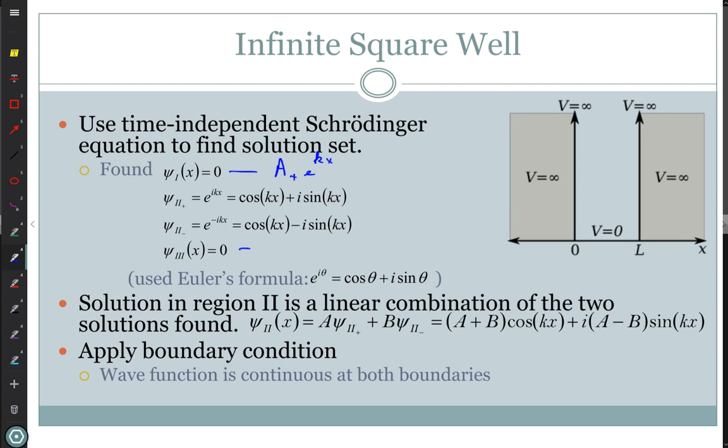The K's are different in the center region than they are in the two outer regions because your potential energy is different. And so the K's I have there are not the same as the K's in the center region. And because these are actually going to be zeroed out, I'm putting K prime for the two that we just did. And now let's do the one that matters, inside the box.